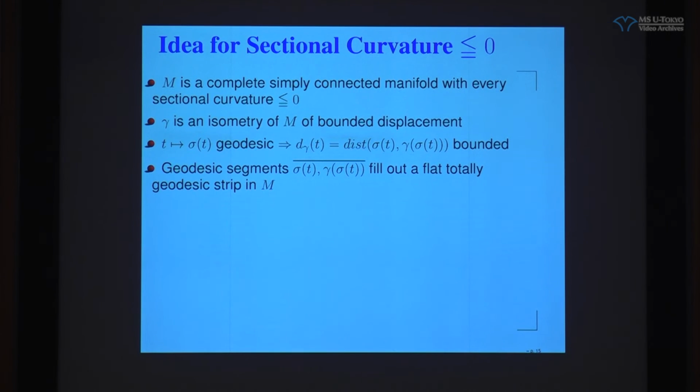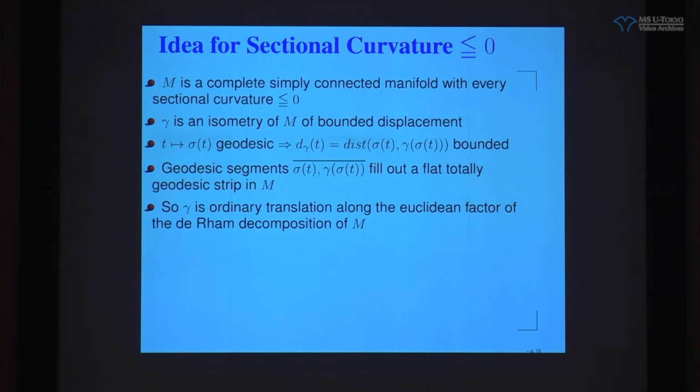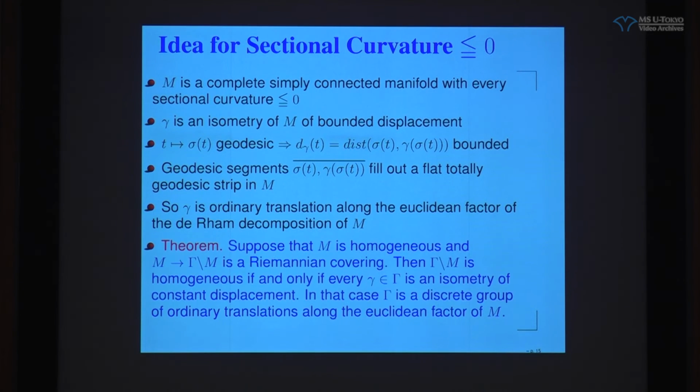And that would give zero curvature along that strip, and you get ordinary translation. So with sectional curvature less or equal 0, as I said before, this homogeneity conjecture is correct.